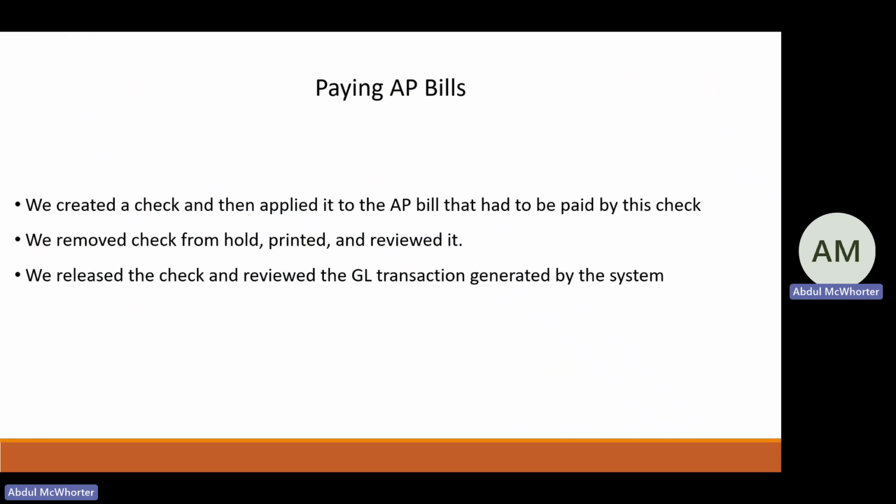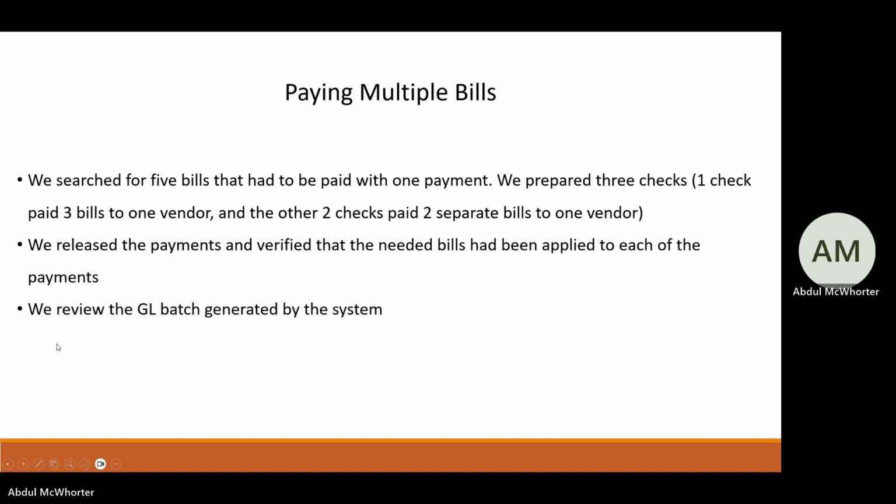And so let's just jump back in and see where we're at. What we went over here, we're paying multiple bills with Acumatica. We searched for 5 bills that had to be paid with one payment. We then prepared 3 checks.